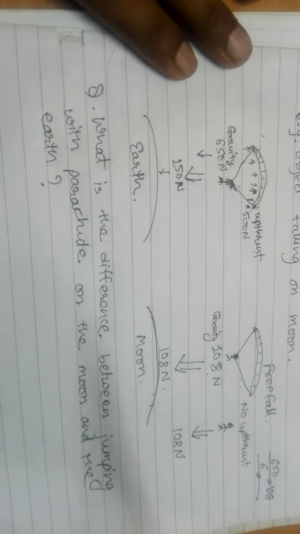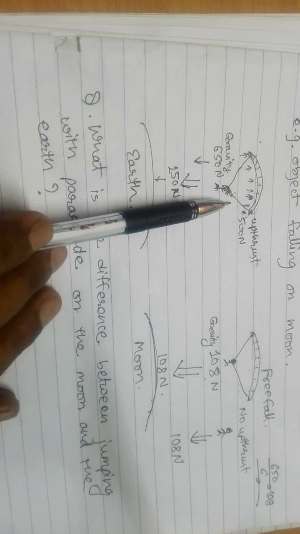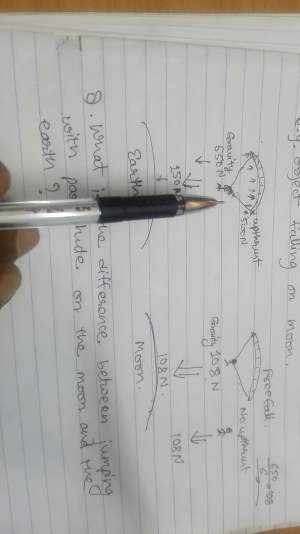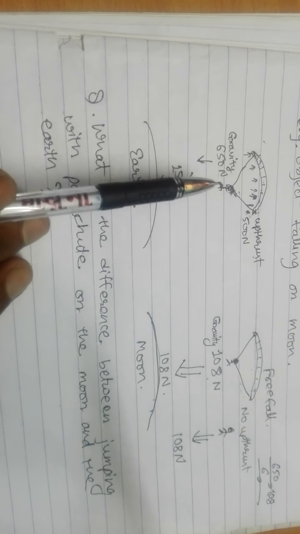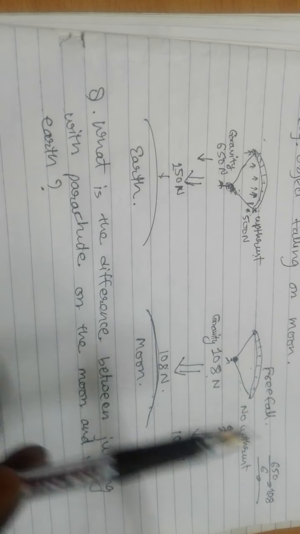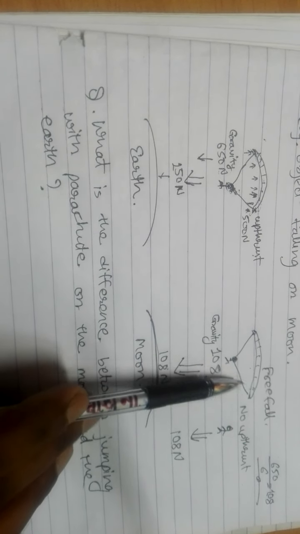Your answer should be that on the earth there is air, there is atmosphere which provides upthrust, which cancels some amount of gravity, and the person does not undergo free fall. But on the moon, since there is no air or atmosphere, there is no upthrust.